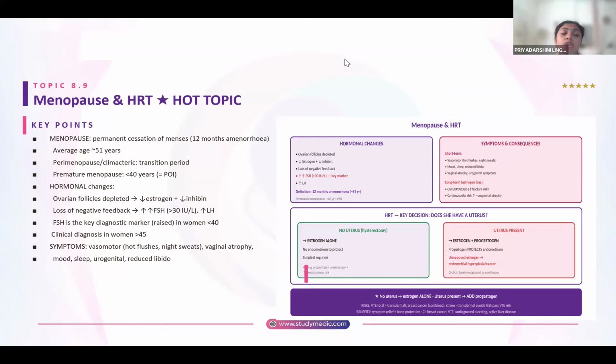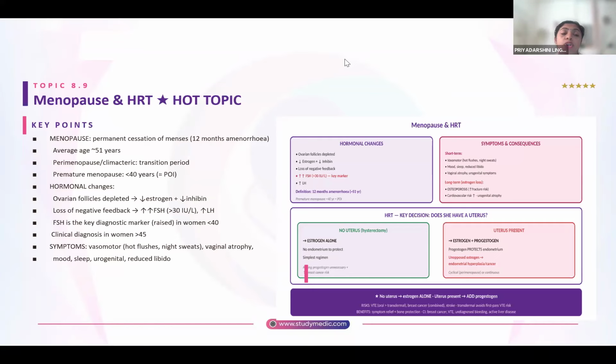Now, whenever the woman has no uterus, say after hysterectomy or post-surgical menopause, you give the woman only estrogen. Why is only estrogen enough for the woman? There is no endometrium. Whenever a woman has endometrium, that endometrium needs to be protected from unopposed estrogen, so she needs progesterone also. So if there is no uterus, remember you give the woman only estrogen.